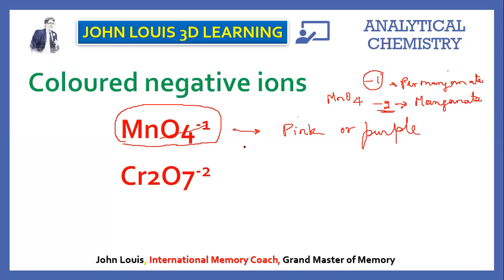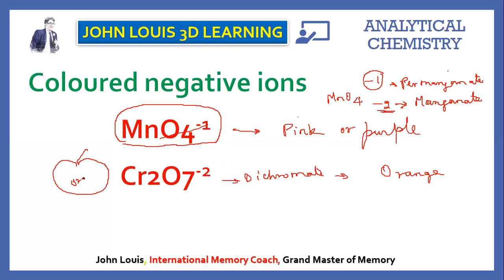And the next ion is Cr2O7, that is dichromate. The color of dichromate is orange. See how I remembered when I was a kid like you, when I was learning chemistry the first time. If the color is orange, immediately I visualize an orange fruit.